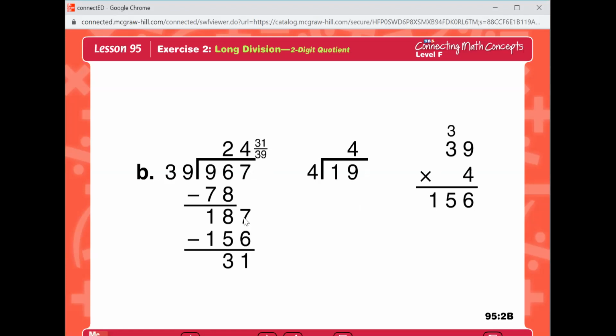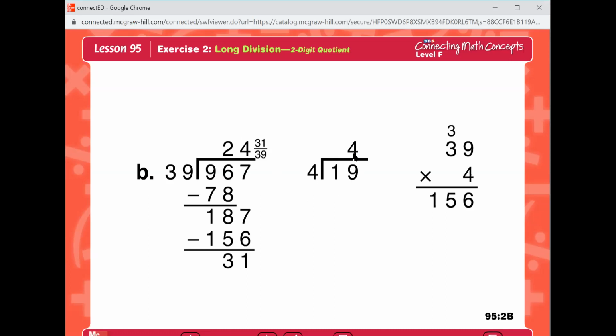Now, your division problem that you need to work now is 187 divided by 39. To do that, we're going to do estimation division, meaning we're rounding these to the tens. So 187 rounds to 190, giving us 19 tens right here. 39 rounds up to 40, giving us 4 tens right here.